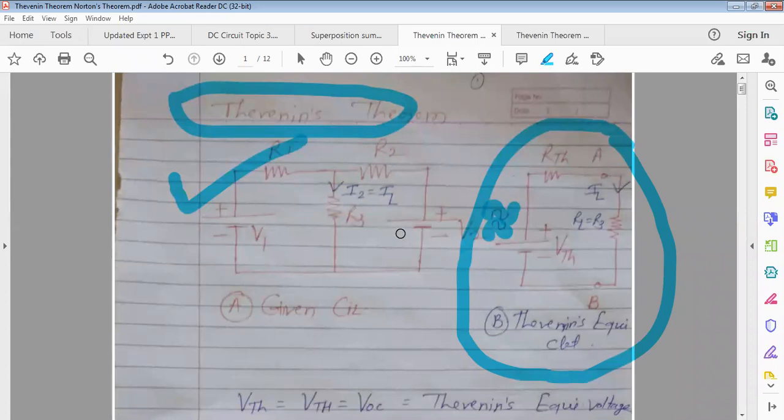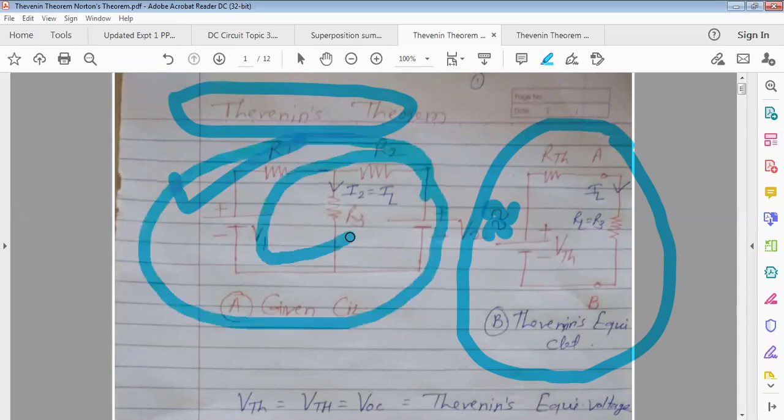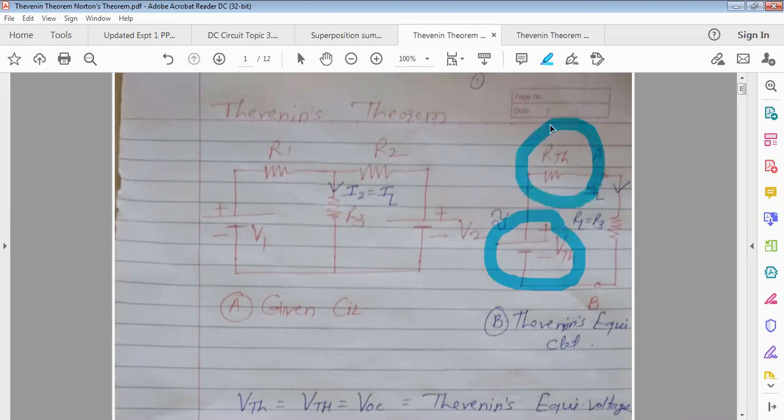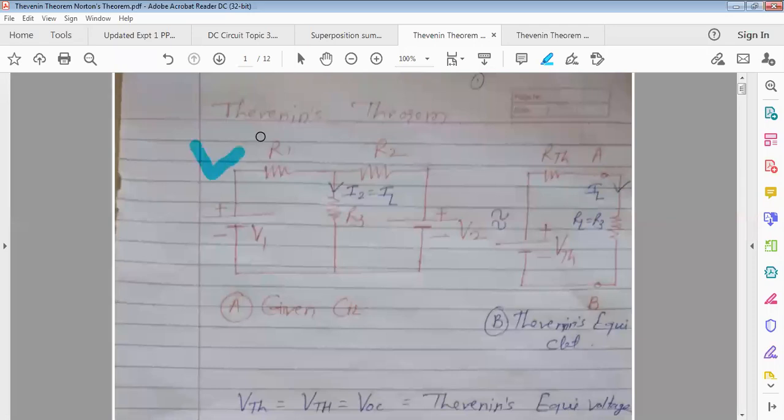Only the values of VTH, RTH, RL and IL will differ depending on the circuit. Now, according to this theorem, if you follow the steps I just explained to calculate VTH and RTH, then in both circuits, right hand side and left hand side, the same current will flow through the same load resistance.